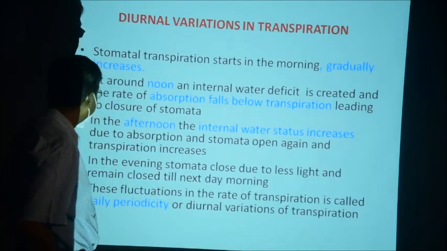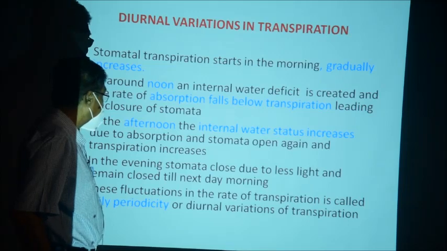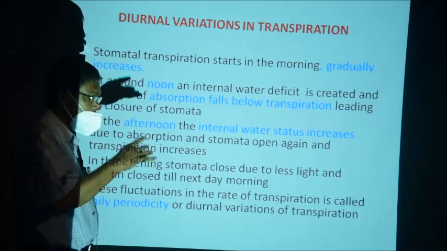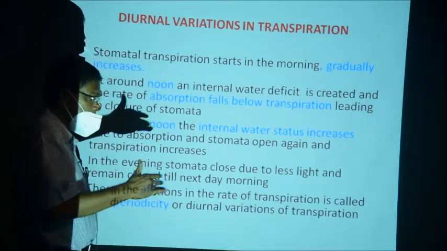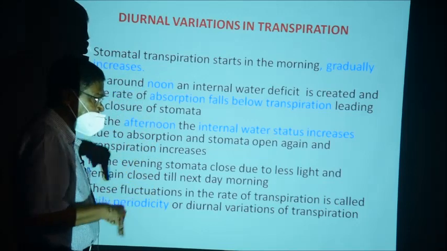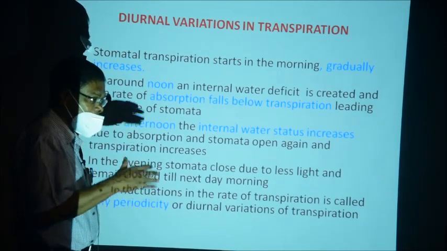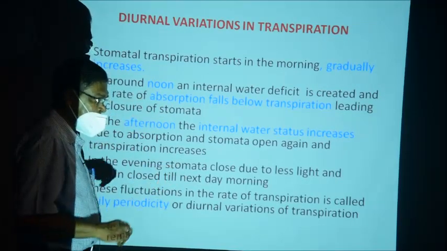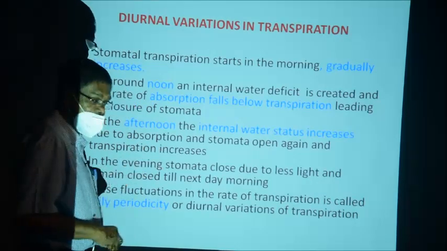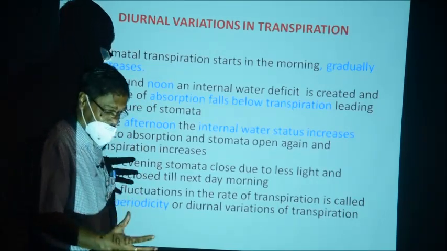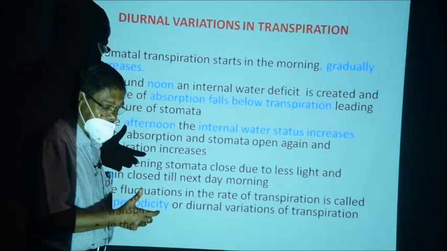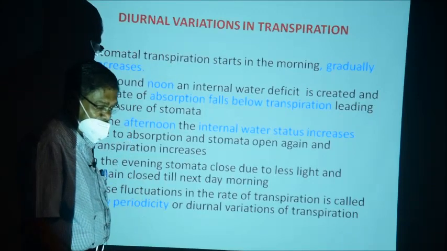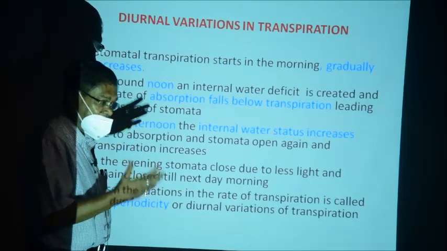So, I am repeating again, stomatal transpiration increases during daytime, goes to the peak, and during noon the stomata may close. It is because there is more transpiration and less absorption, so the internal water status decreases in the plant, and in the evening the internal water status improves, because water can be absorbed more and the stomata open again.